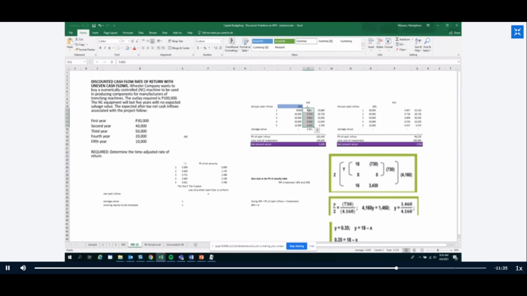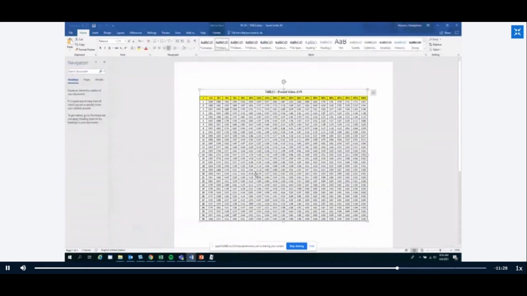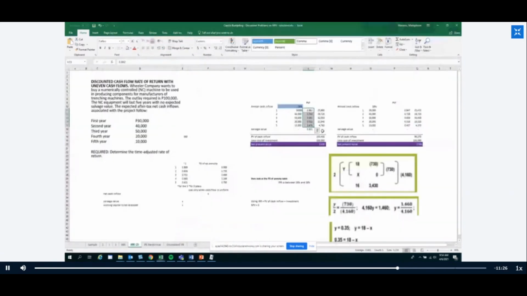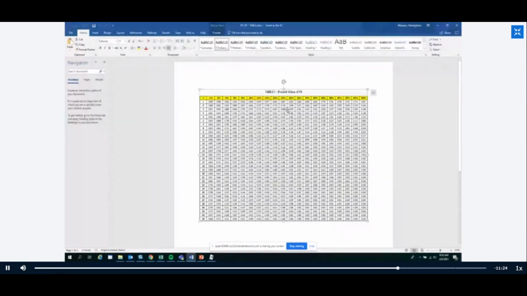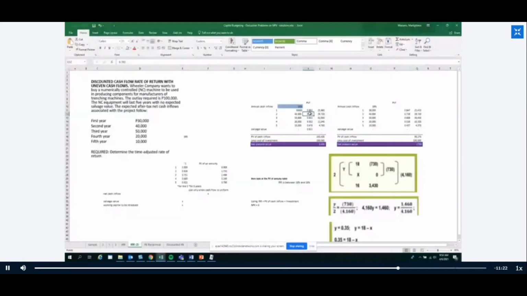Anong gagamitin ko dahil hindi uniform yung cash flow? Present value of 1. So punta ako sa present value of 1, 16, so 0.862, 743, 641, and so on and so forth, no? Tapos sabi na wala namang salvage value. So, kinalculate natin yun, meron tayong nakuhang 3,430 as net present value.